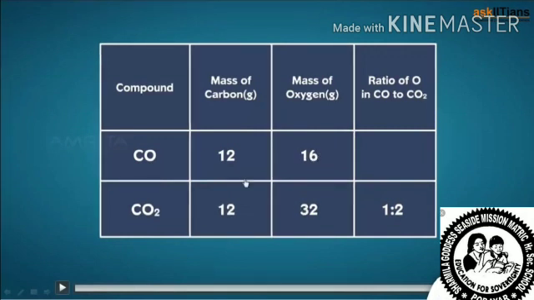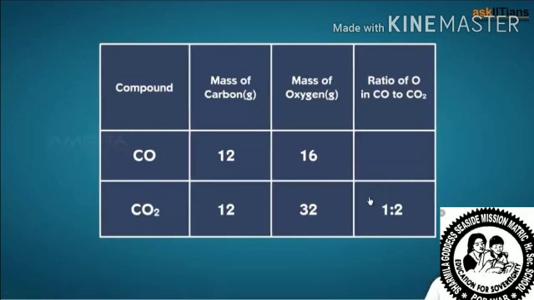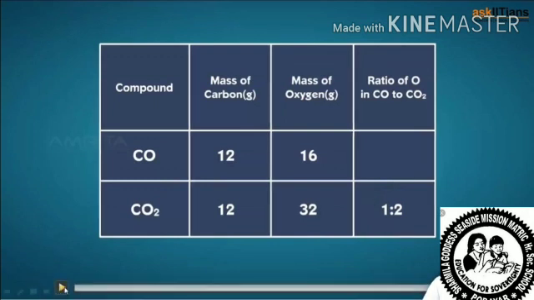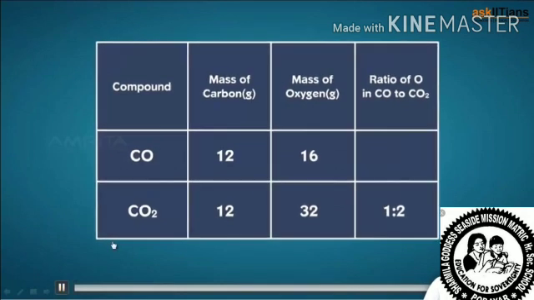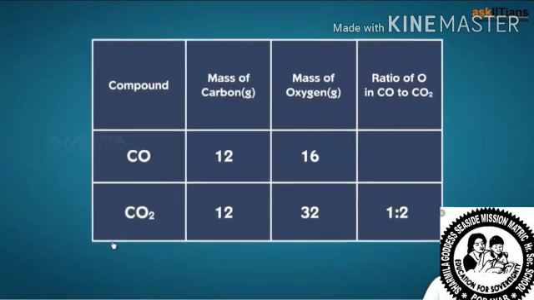So the ratio of oxygen in these two compounds is simple, that is 16:32, that is 1:2, which is a simple ratio. So this is the law of multiple proportions. We have taken carbon monoxide and carbon dioxide as an example.